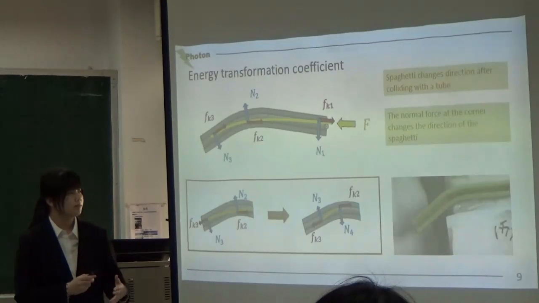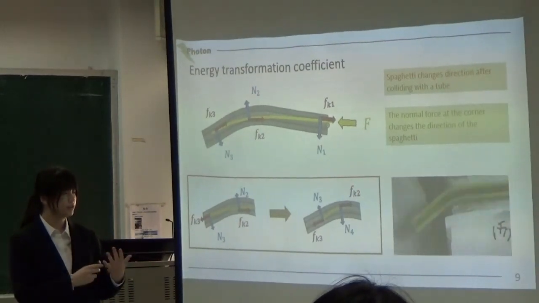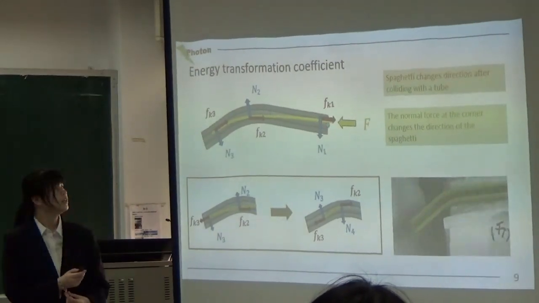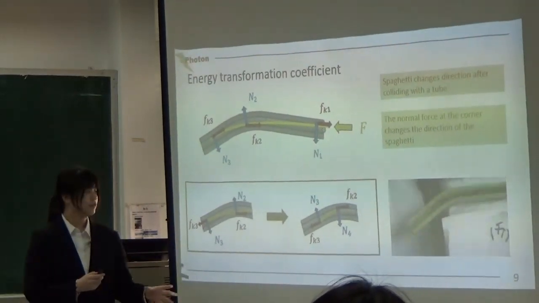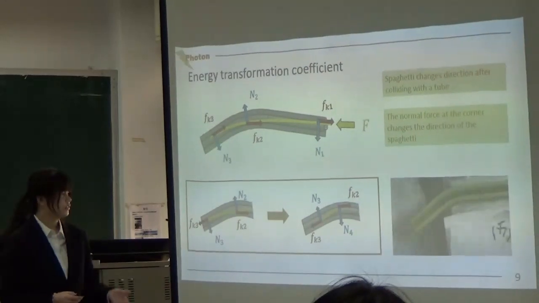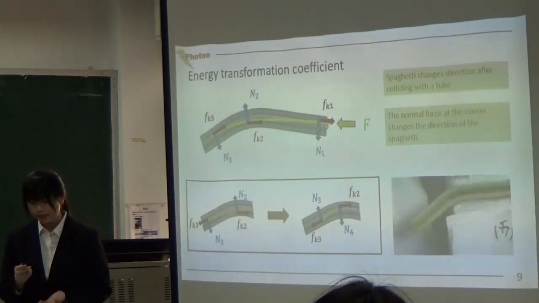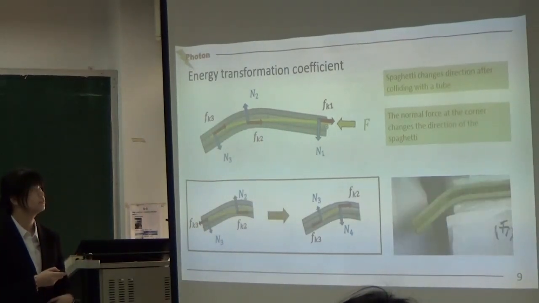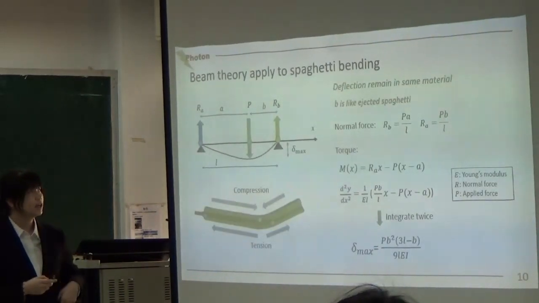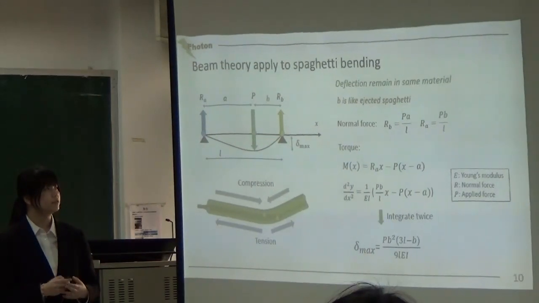But only the normal force at the corner changes the direction of the spaghetti, because if the tube is not bent, the normal force is perpendicular to the spaghetti. And here is beam bending theory applied to spaghetti bending.